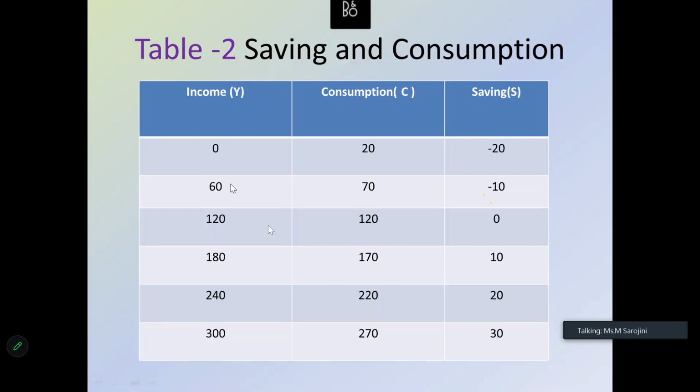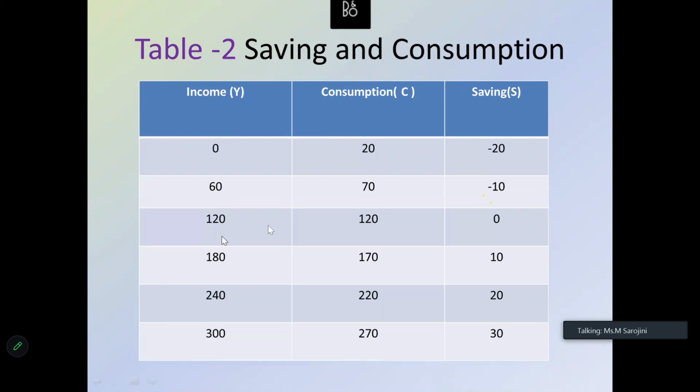And then the income increases from 0 to 60. Here the consumption increases from 20 to 70, that is 50. Anyhow, the increasing income is not enough. Therefore, they are using their past saving as well. And here again, income increases from 60 to 120.